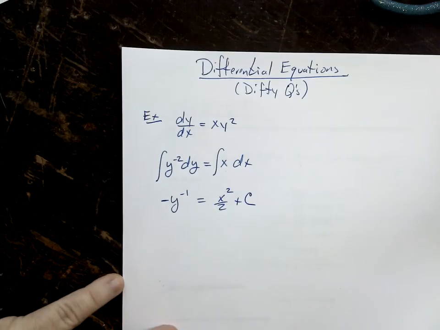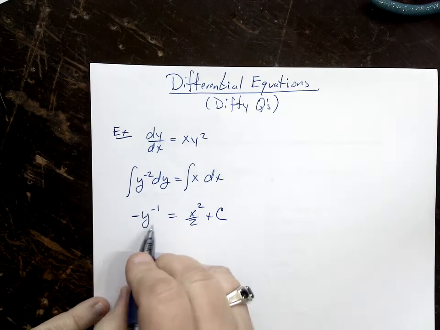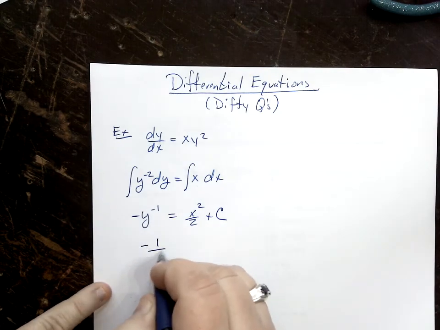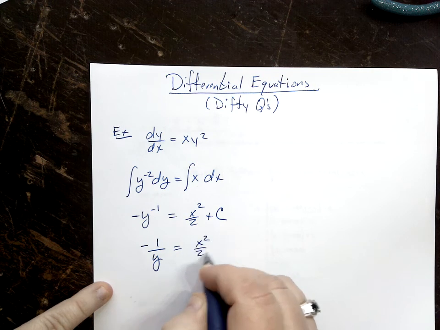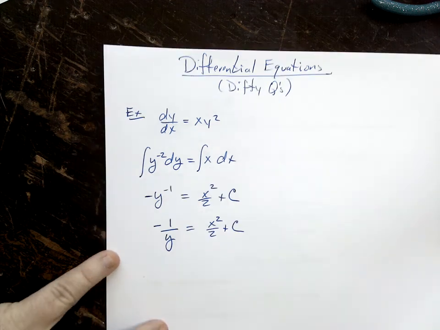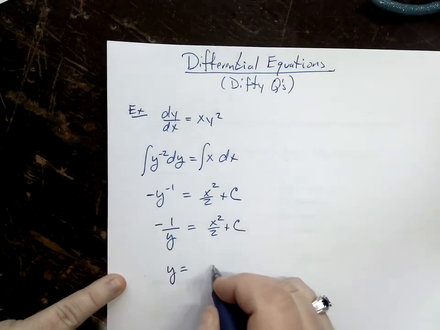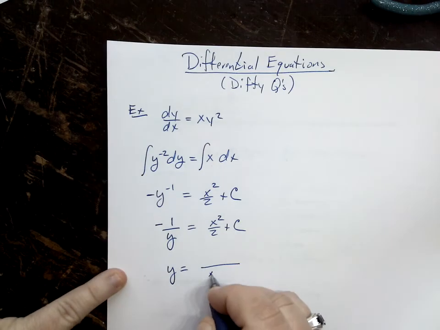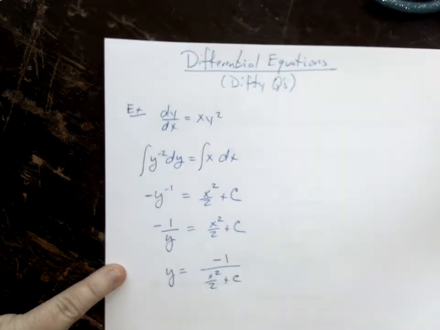Now we can keep solving for my variable y. This is really 1 over negative 1 over y, which is x squared over 2 plus c. So if I wanted to solve for y, I would have y equals negative 1 on top and x squared over 2 plus c on the bottom.